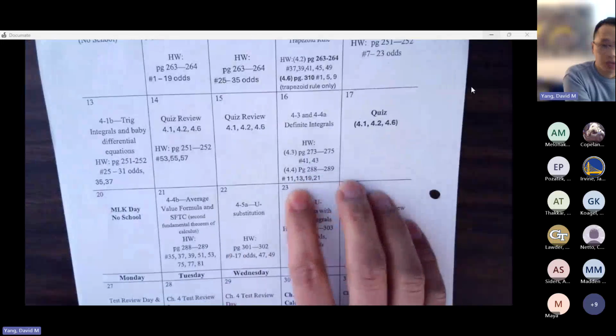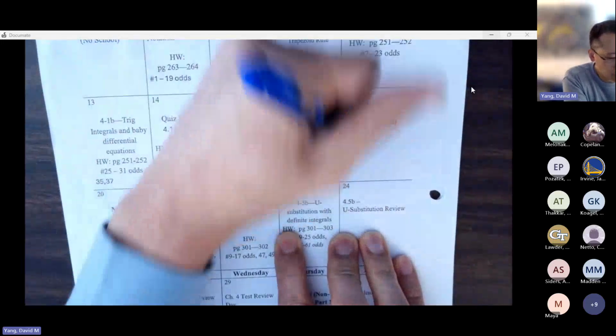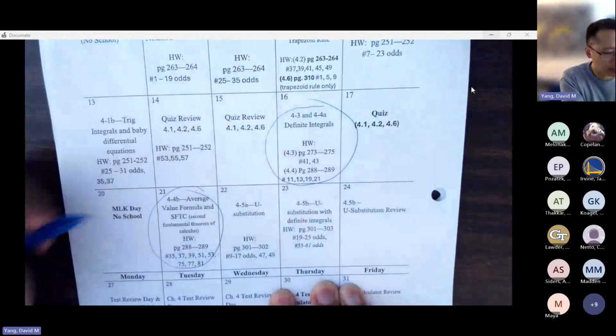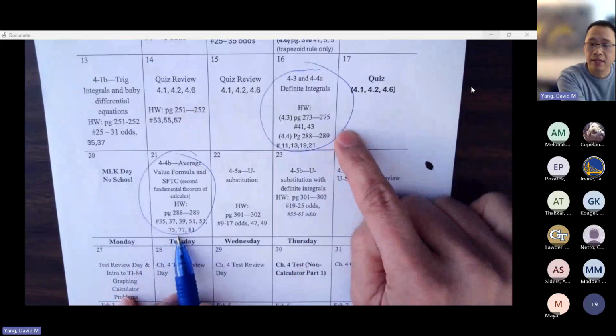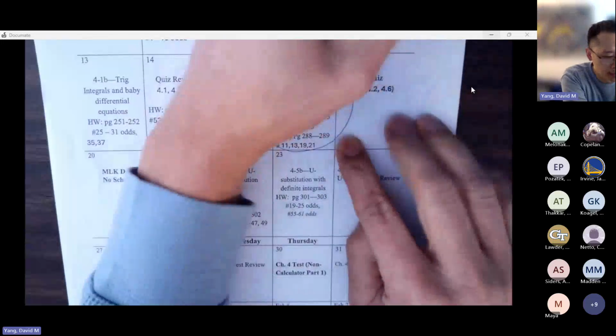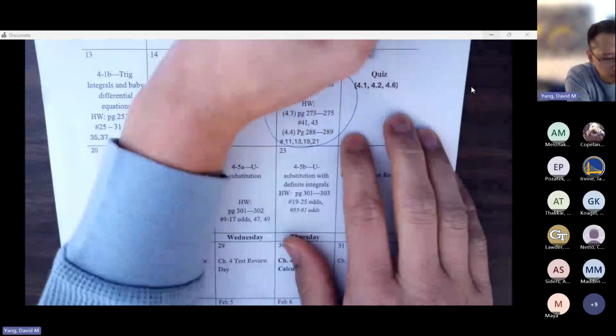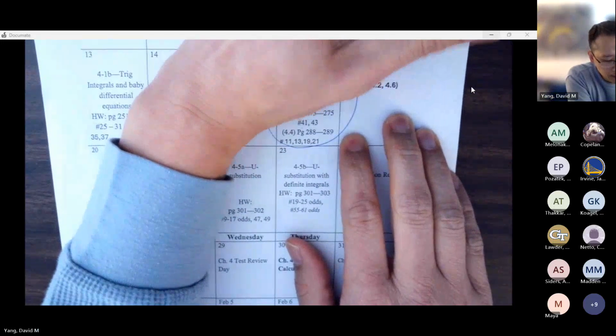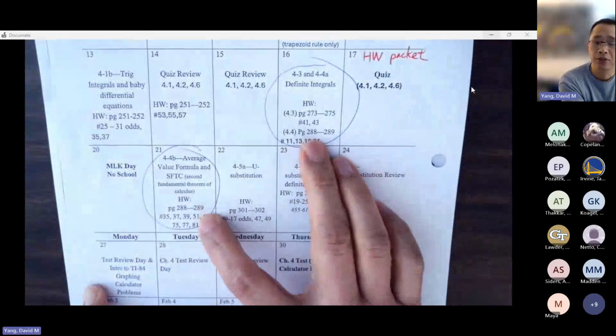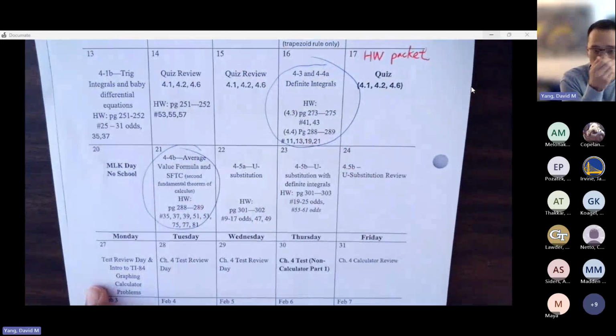Eventually, I am going to check the homework for 4.3, 4.4, and 4.4b. You guys picked up the homework packet before we left school here. But I'm not going to make anything due tomorrow.